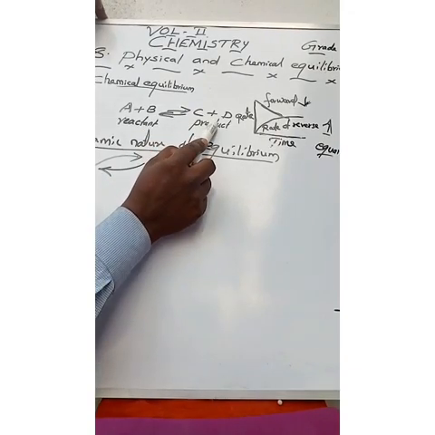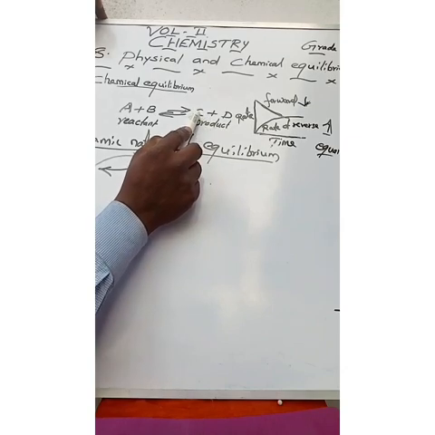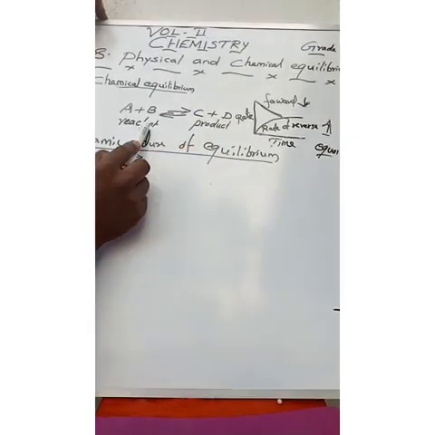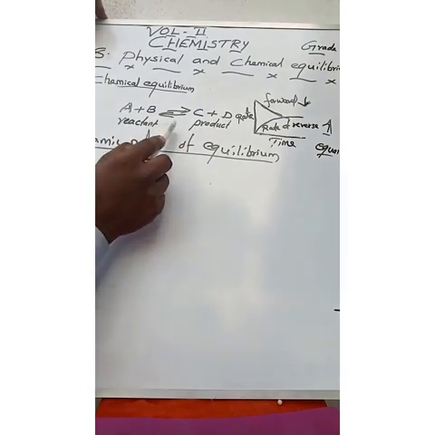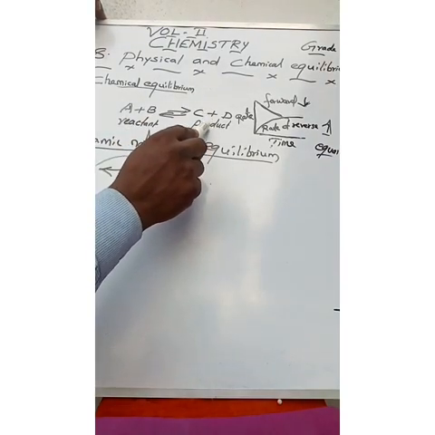In the reverse reaction, the products C and D can react to give back the original reactants. That is the dynamic nature of equilibrium.